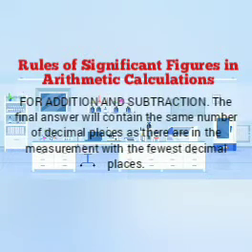For addition and subtraction, the final answer will contain the same number of decimal places as there are in the measurement with the fewest decimal places. Meaning, the measurement or the number in the calculation that has the lowest number of decimal places will determine the number of decimal places your answer will have.